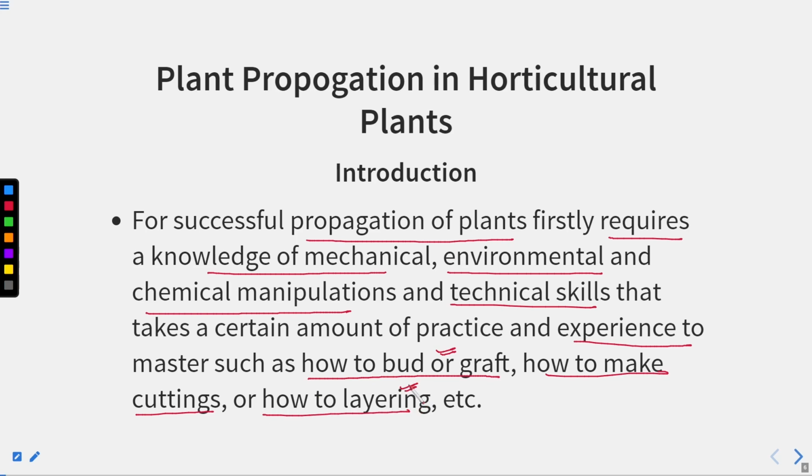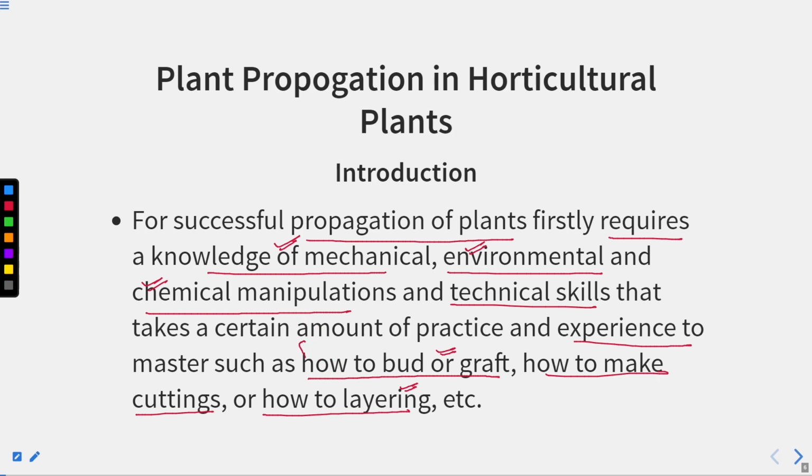These are the different procedures that you must be skillful in. You must have a knowledge of mechanical, environmental and chemical manipulation, and also some technical skill, to go for vegetative propagation or the asexual method of plant propagation, right?